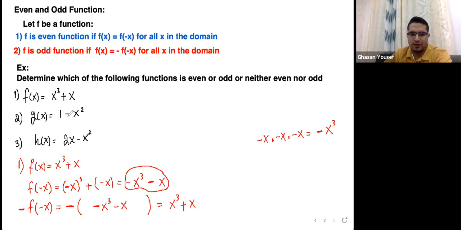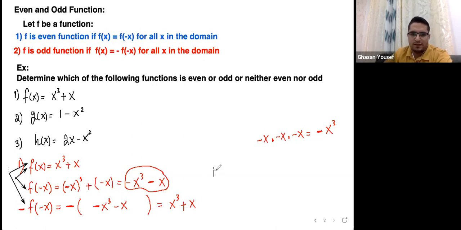So again, you have to check this one with this to check if the function is even, or you can check this one with the third one to check if the function is odd. Okay.